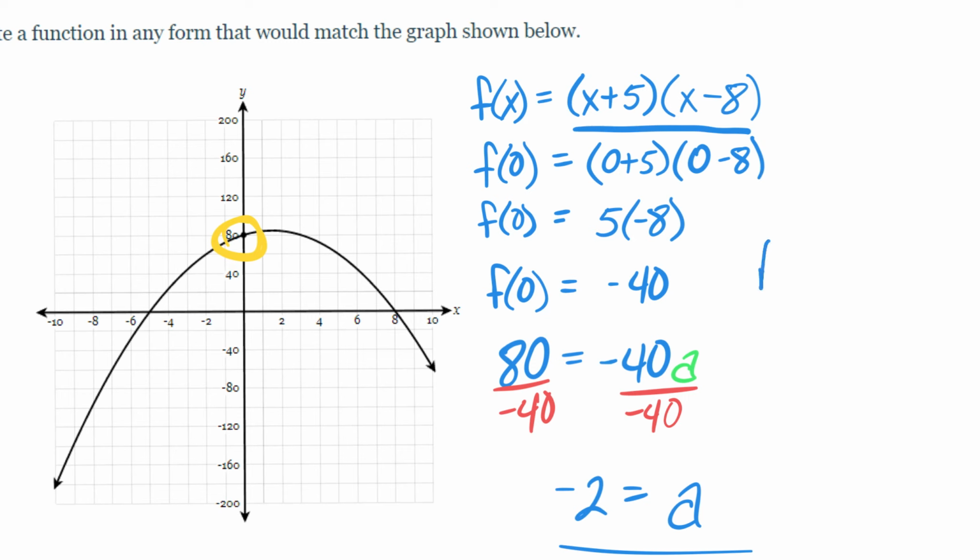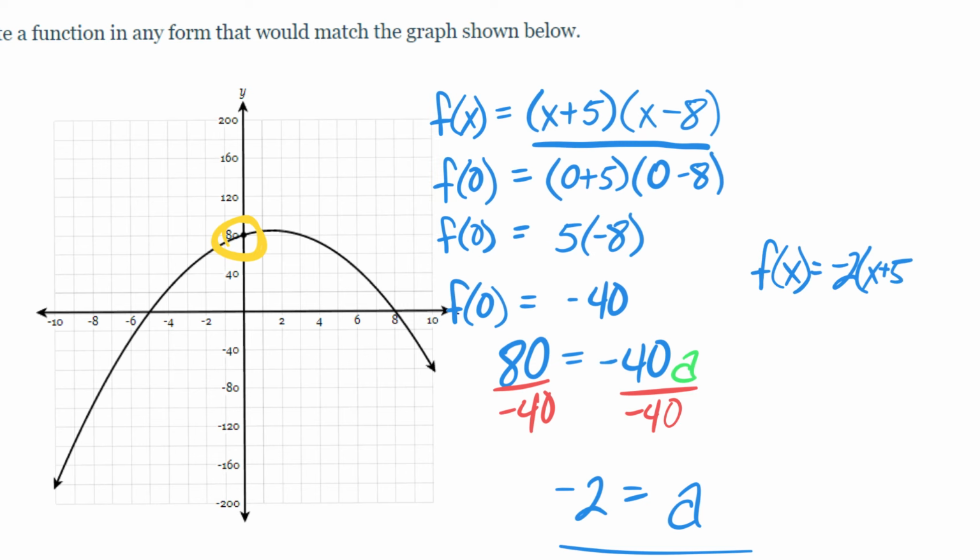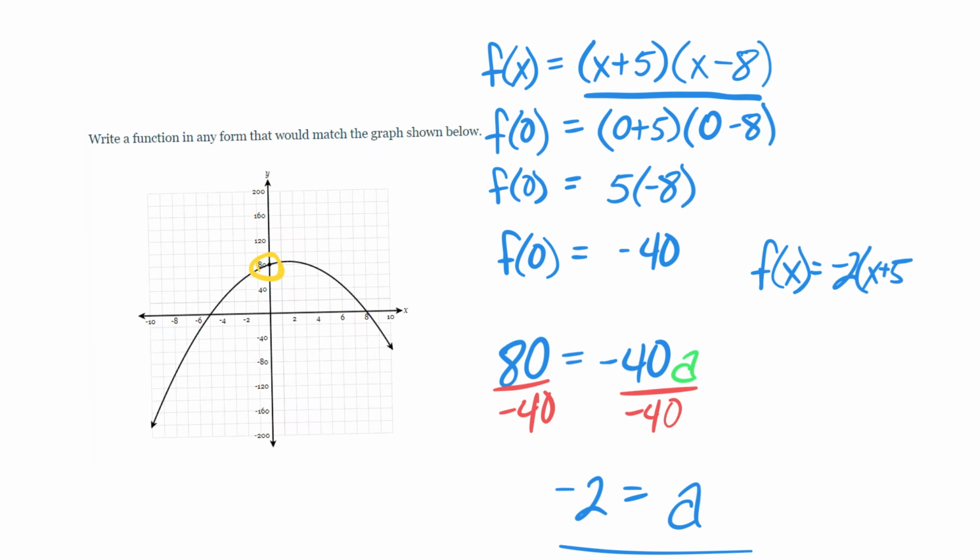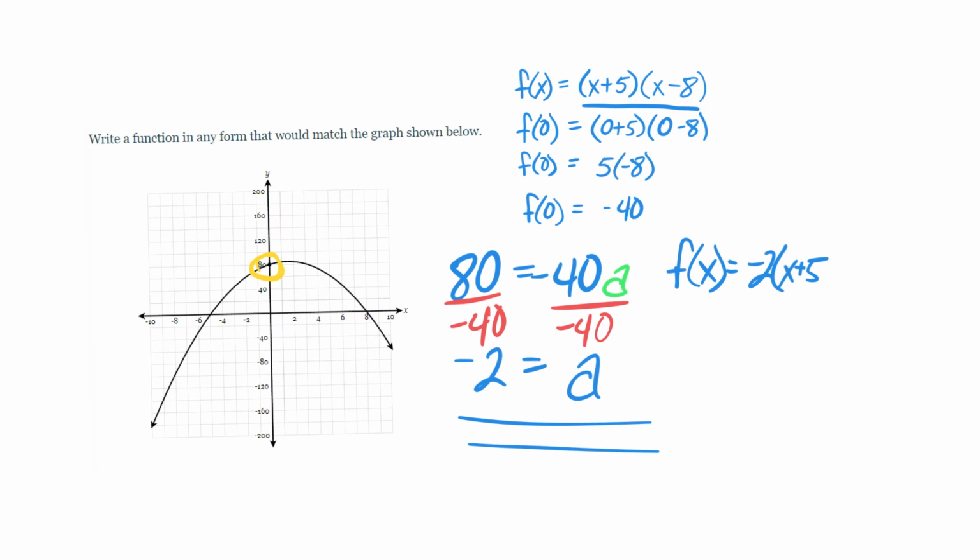So this equation would read f of x equals -2 times x plus 5 times x minus 8. This is a version of the answer.